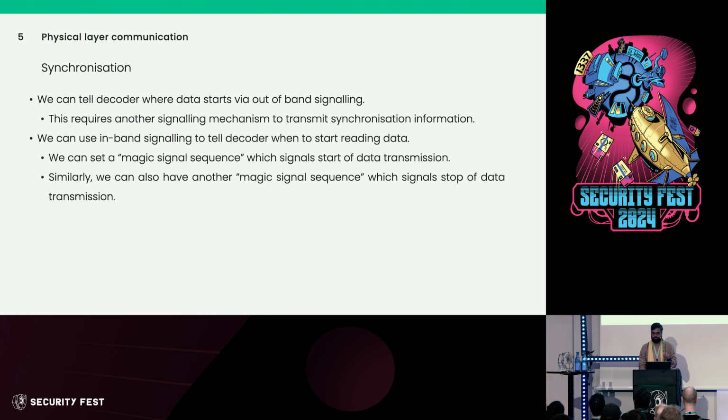Now, there are a bunch of options. One is we can do out-of-band signaling, as in we can have yet another signal, which basically tells that, okay, data transmission starts here and data transmission stops here. But the problem is that now we need two separate channels instead of one. And engineers, being engineers, don't really like to do hard work. They are a pretty lazy species.